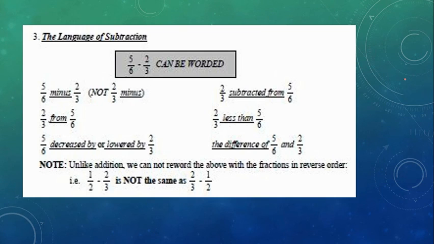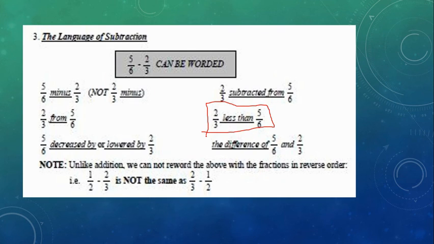The language of subtraction. Remember, 5 over 6 minus 2 over 3 can be worded 5/6 minus 2/3. You cannot say 2/3 minus 5/6. They don't mean the same thing. 2/3 from 5/6, 2/3 subtracted from 5/6, 2/3 less than 5/6. Notice how this one turns it around.